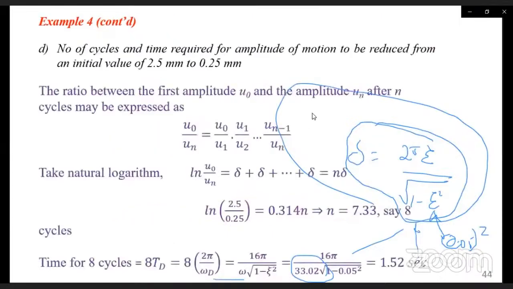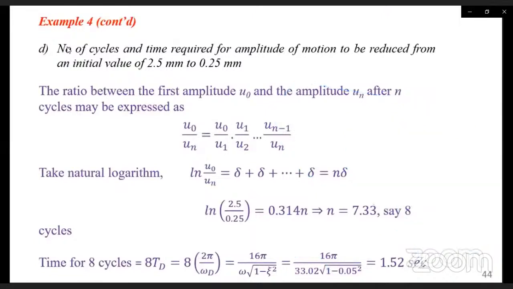Finally, the last part is on the motion, which is like this. Our motion is getting damped from an initial value of 2.5. Our motion is coming like this.